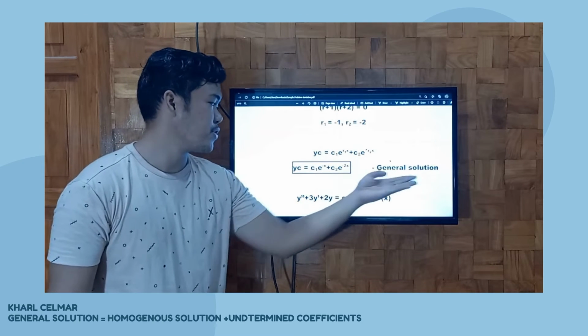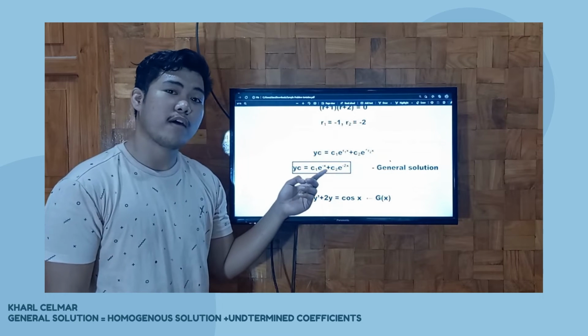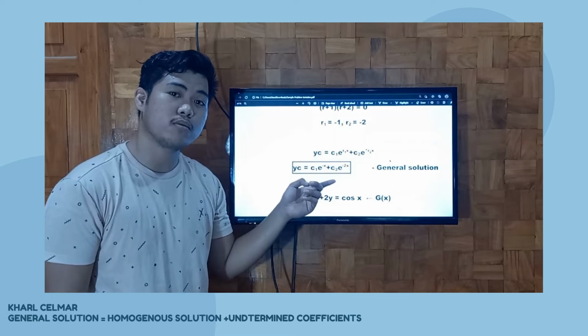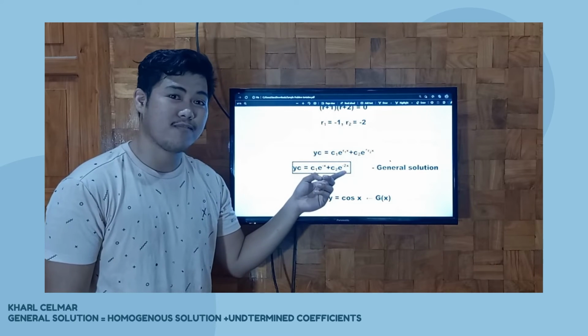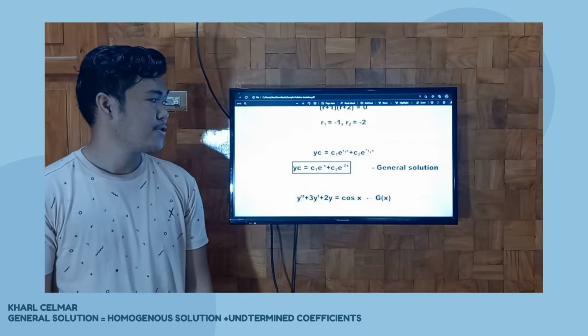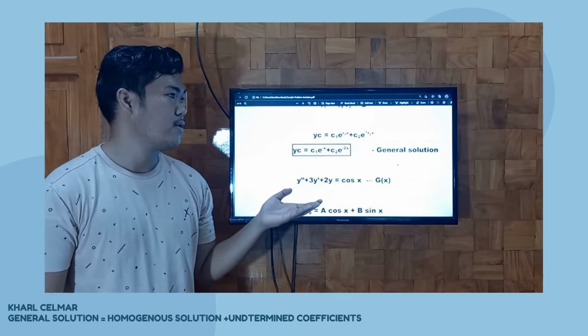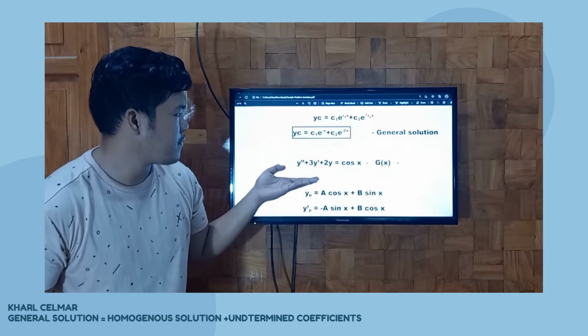So we have yc is equal to c sub 1 times e raised to negative x plus c sub 2 times e raised to negative 2x. So that's our complementary solution. After having it, we will continue to the particular solution.